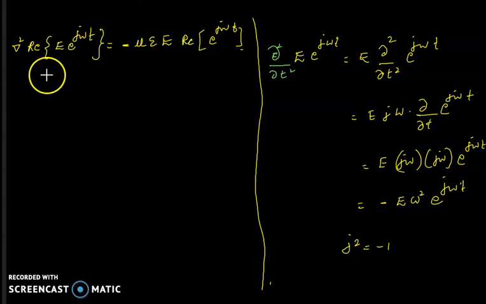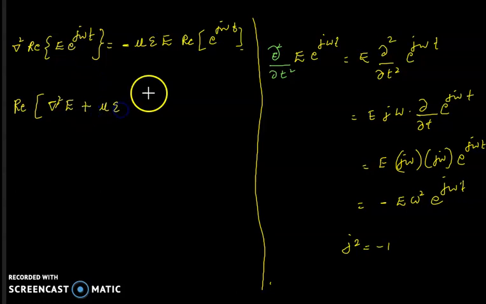So rearranging these expressions, you can take out the real part. This becomes the real part of del square E plus mu epsilon omega square E, times e power j omega t, equal to 0. One term was missing, omega square, which we forgot to substitute earlier.